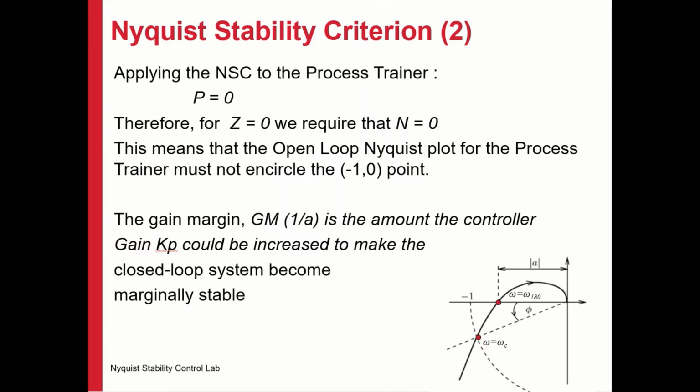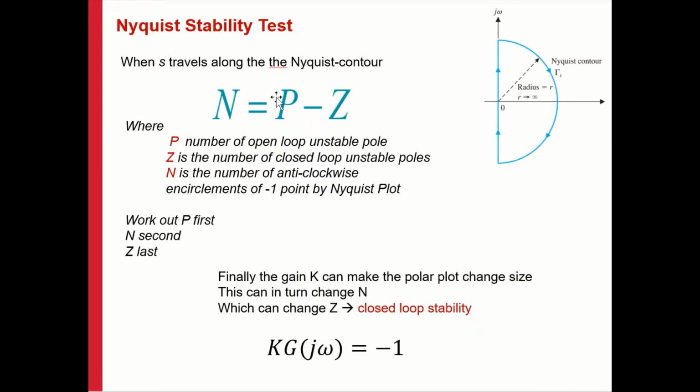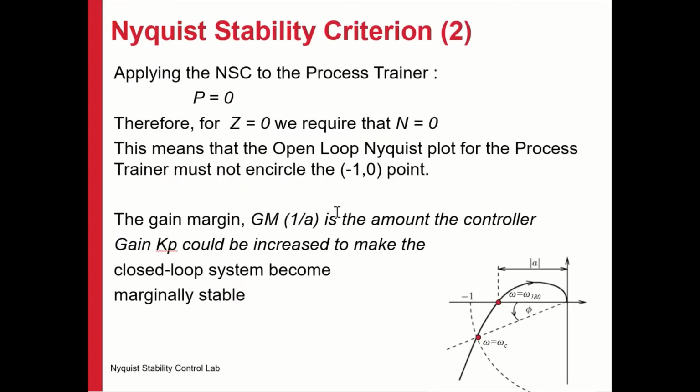So for our particular application, which is applying the Nyquist stability criterion to the process trainer, the number of open loop unstable poles is 0. And therefore, going back to this equation here, P is 0, and we want Z to be 0, so therefore N has to be 0, which means now that the Nyquist plot has to be to the right of the -1 point.